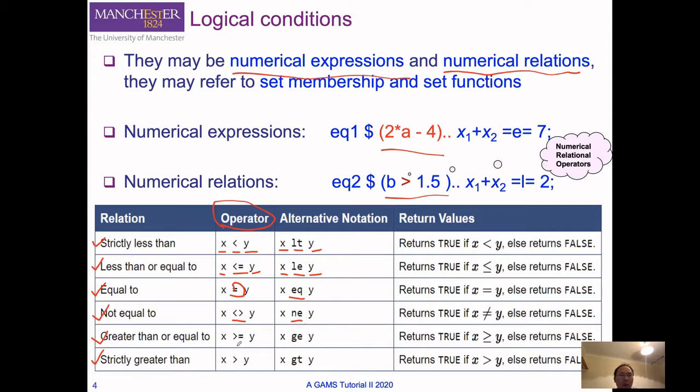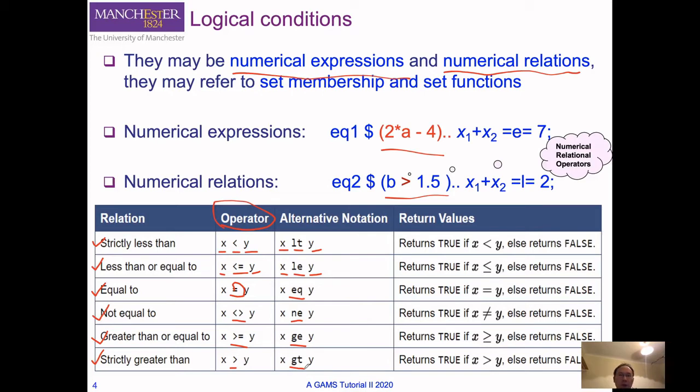If x is greater than or equal to y, then we can use the greater than or equal to sign, or we can write GE. If x is strictly greater than y, then we can use the strictly greater than sign, or we can write GT.